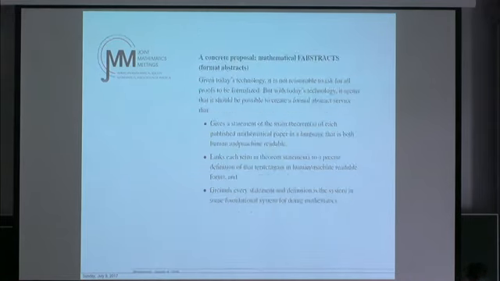The proposal of formal abstracts is just to take major parts of the mathematical literature and state all the definitions in a precise way inside a proof assistant, in a way that can be read by ordinary mathematicians and by a computer, and also to give statements of main theorems in the mathematical literature.